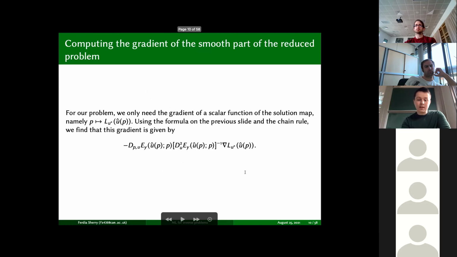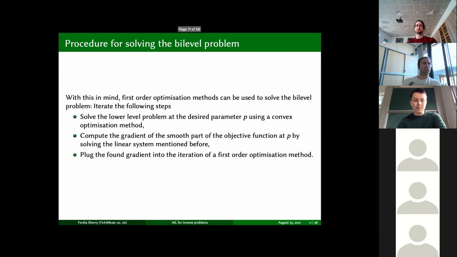In the end, we want to get a gradient of the loss, and we end up with this formula, which might look a bit complicated, but the main point to remember is that we have to solve our lower level problem, and then we have to solve a symmetric linear system. That's not necessarily too difficult. You can use the conjugate gradient method or something like that. That'll be basically the approach we take.